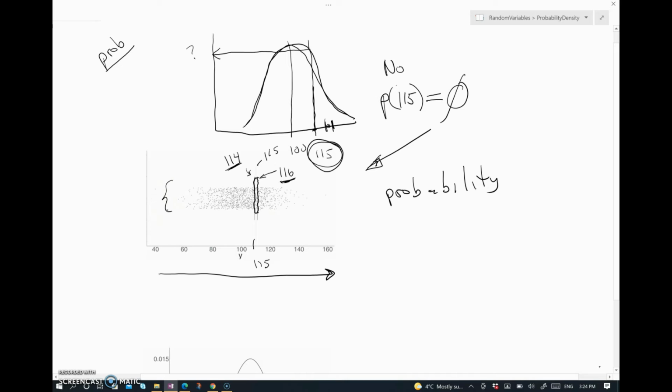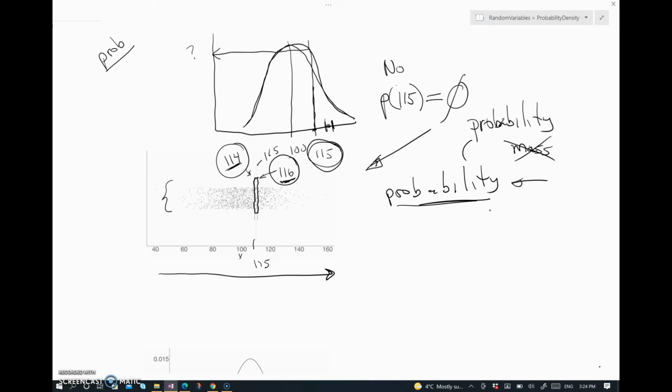That'll give us the probability that our value lies between 114 and 116. So that's probability, and technically, we often refer to this as probability mass, although most of the time we'll drop the mass and just refer to it as probability. This is what we're typically interested in when we think about discrete variables.